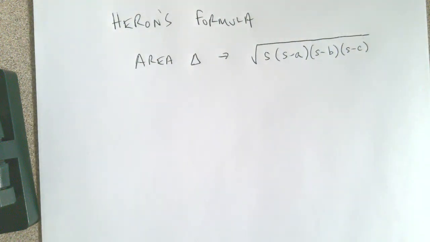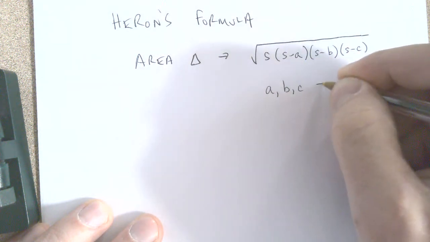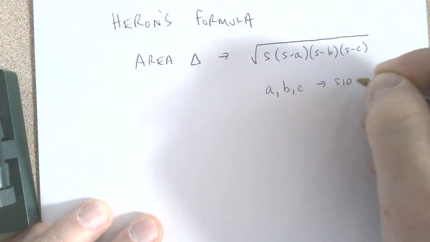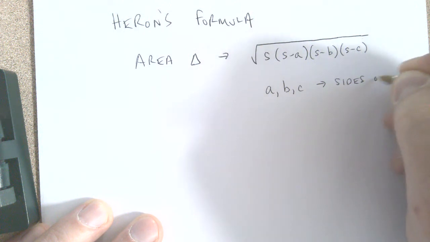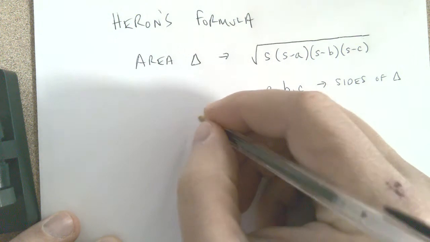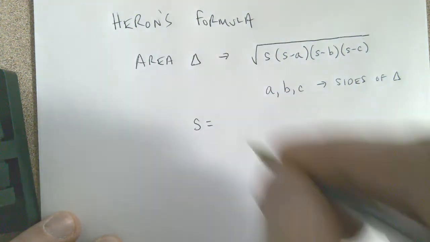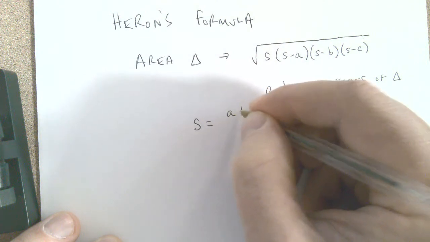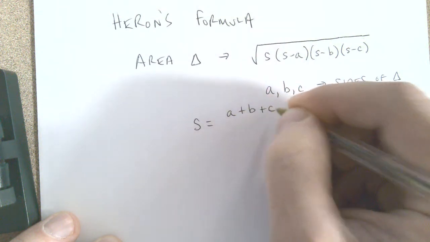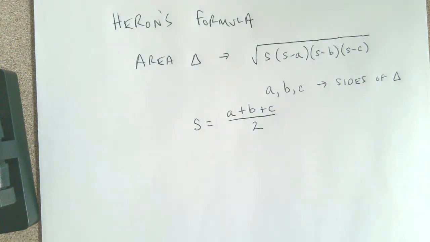Now in the letters here, A, B, and C represent the sides of the triangle. And S is represented by the three sides added together, so A plus B plus C, all divided by 2.